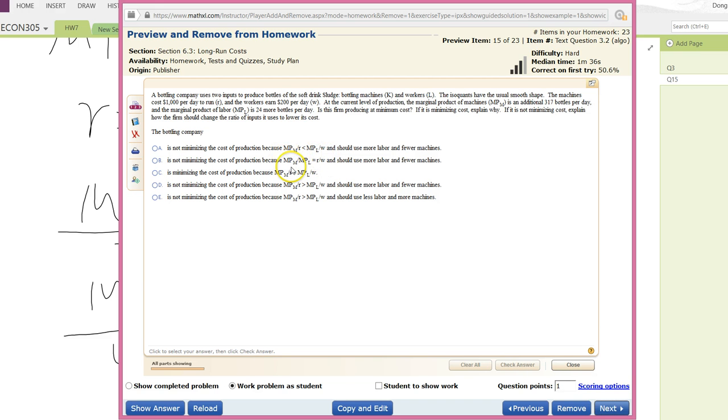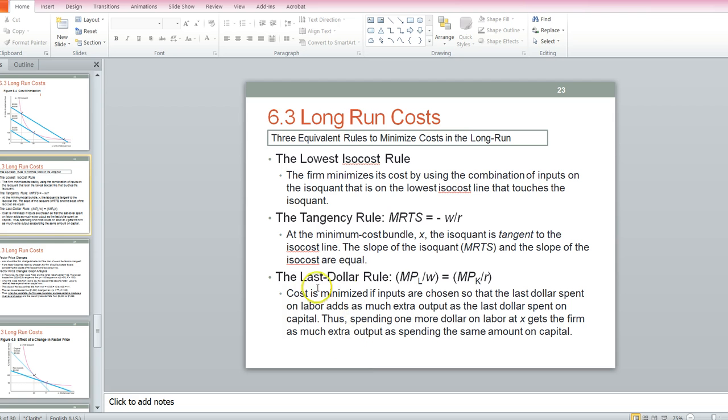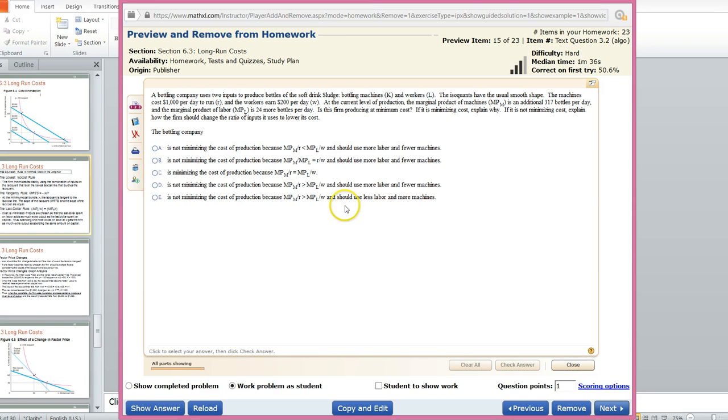This is actually the same as the last dollar rule, as we wrote in the PowerPoint slides or in the book, just rearranging the terms. C is minimizing the cost. That's not true either. D is not minimizing the cost of production because this holds. That's correct, and should use more labor and fewer machines. But the solution is exactly the opposite of what we just analyzed.